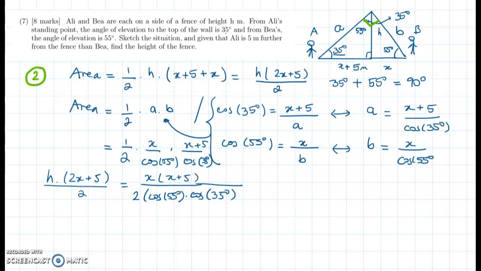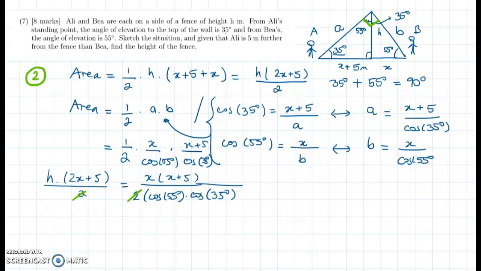And of course we can cancel over here the factors of 2 dividing on both sides. We have one equation and we have two unknowns, so we need one more trick. We need to also write h in some different way that involves x and possibly some trigonometric ratio of one of our angles, but nothing else.